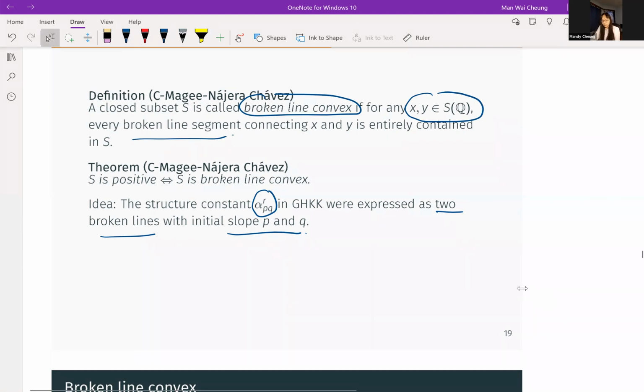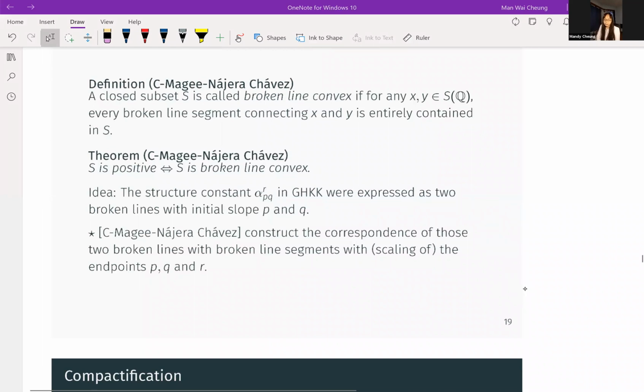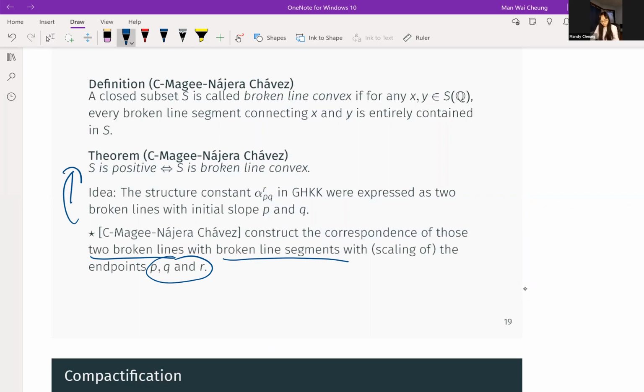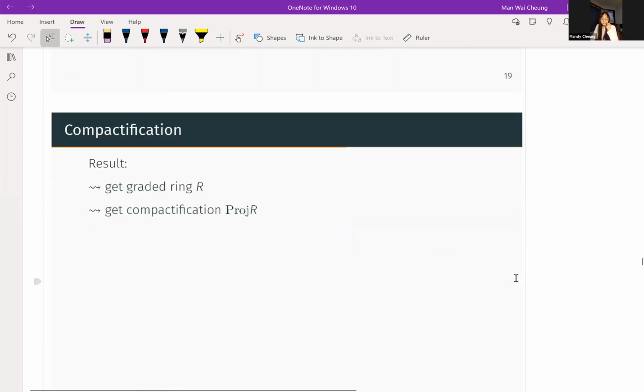So the proof is basically we write down this correspondence between pairs of broken lines and broken line segments with endpoints P, Q and R. So once we establish this correspondence between broken lines and broken line segments, we can immediately deduce the result. As a consequence, for a broken line convex set we have a graded ring, and then we can take Proj of it, so that we have a compactification of the cluster variety.